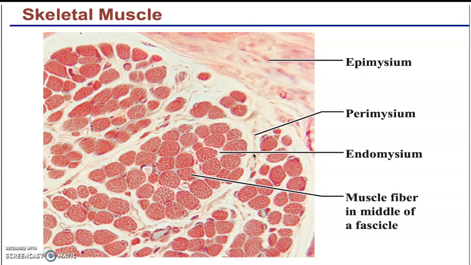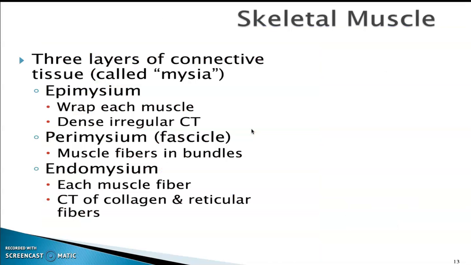A skeletal muscle is found between bones and uses tendons to connect the epimysium and the perimysium to cover the outer layer of the bone.